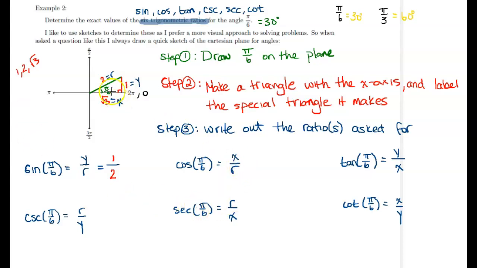Cos is going to be my x, which is root 3, over my r, which again is 2. Okay, and finally, for my tan, what am I going to have? I'm going to have my y, which is 1, over my x, which is root 3.